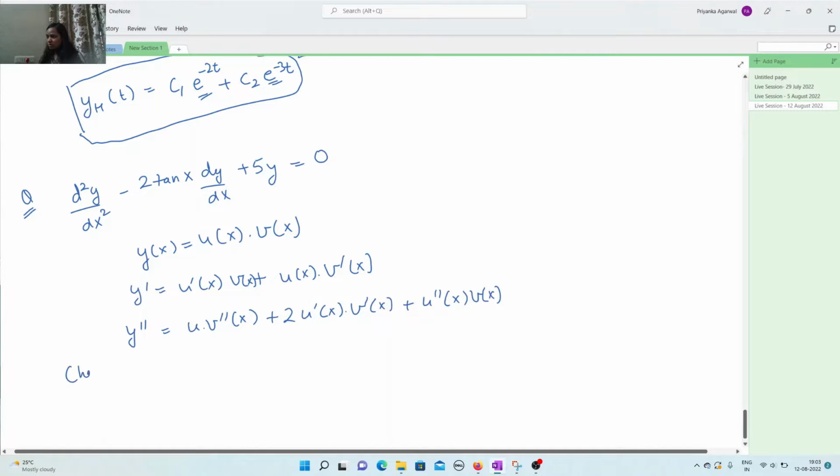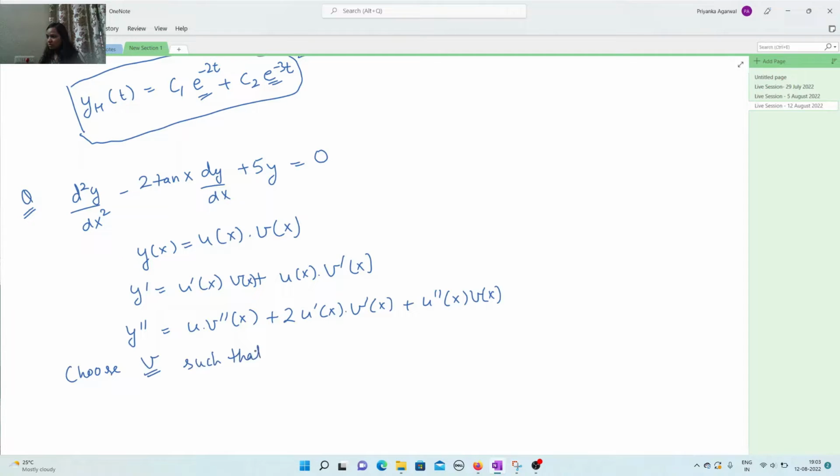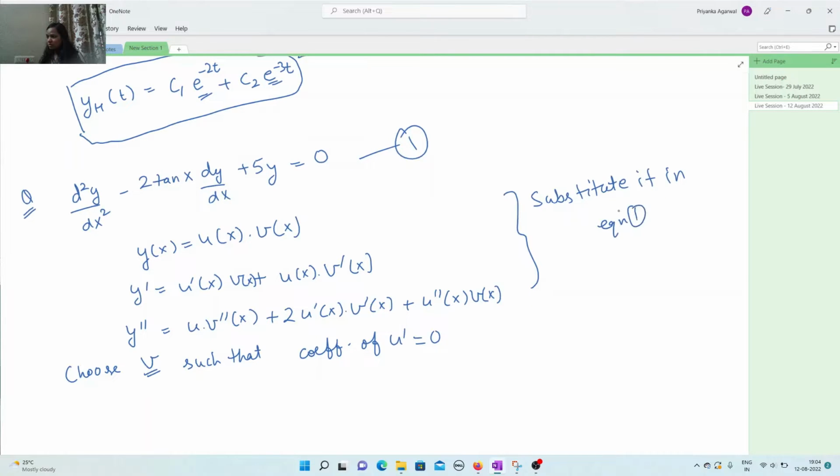Now we have to choose u such that in this equation the coefficient of v dash equals 0. So basically now these three we can substitute. Let's call it equation 1. So we can substitute it in equation 1.